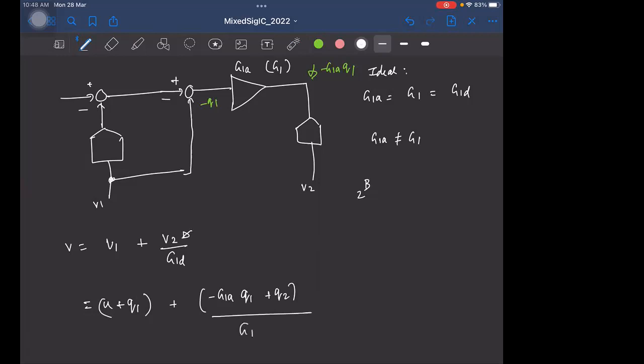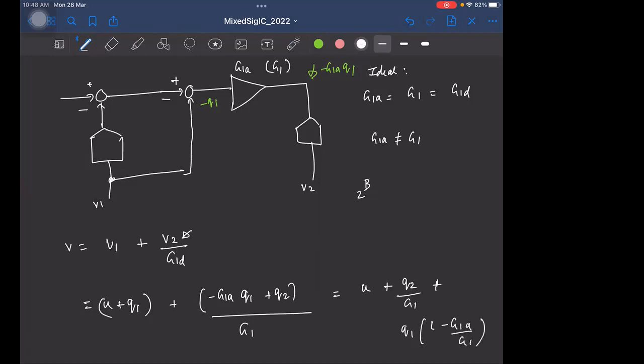I'll just write G1 because we can exactly realize the required gain in the digital domain, right? So what happens here? I obviously have U plus Q2 by G1, plus I'm getting something. What is it? Q1 times what exactly?